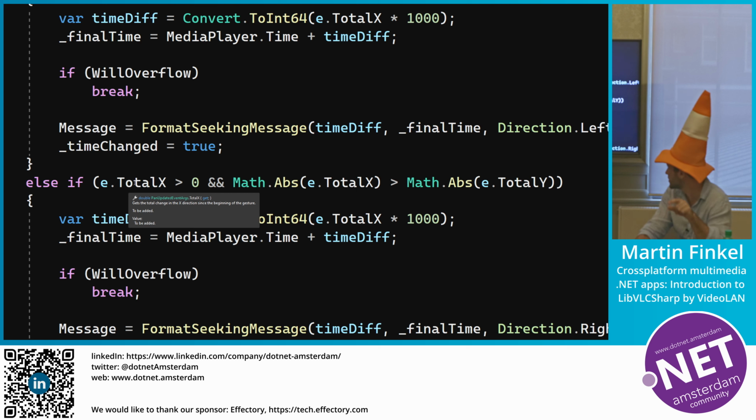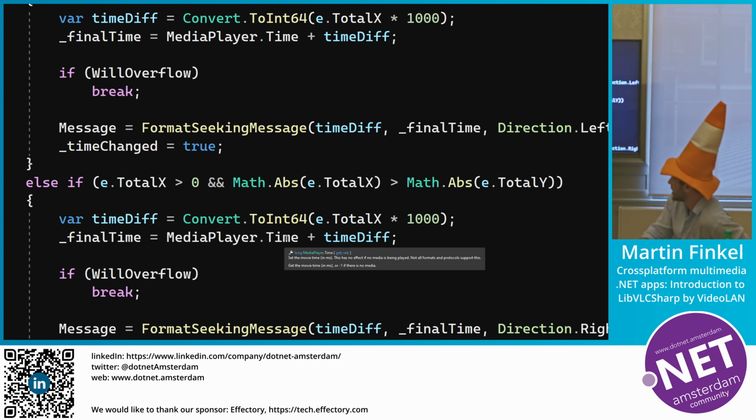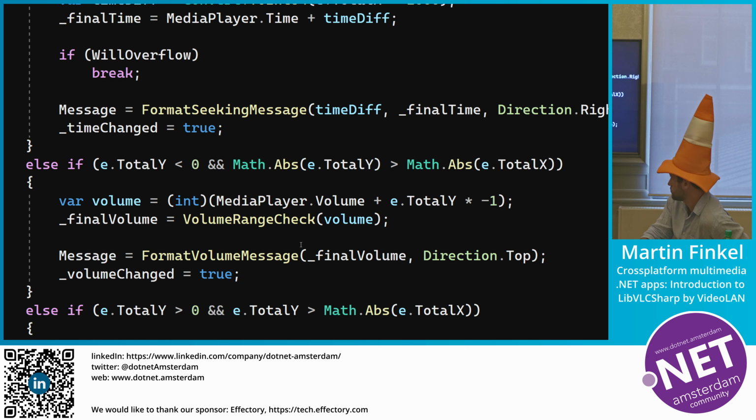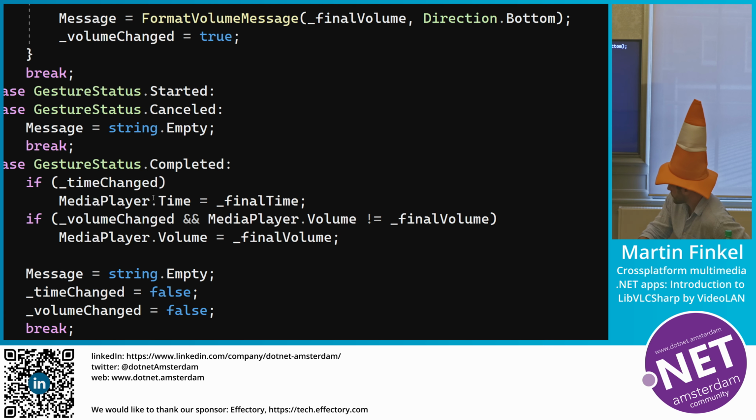So from that, you can make some calculation and change the current time by adding a bit of diff to either seek or rewind. Same for the volume. You can just ask the current volume from the media player, and then depending on the movement of the user, calculate a new volume. And at the end of the gesture, you just set the time or set the volume, which is pretty straightforward.